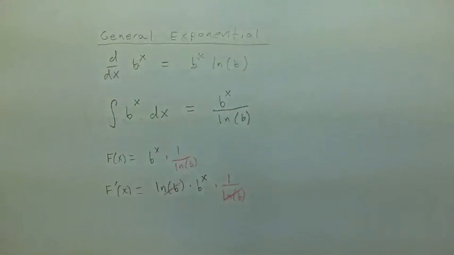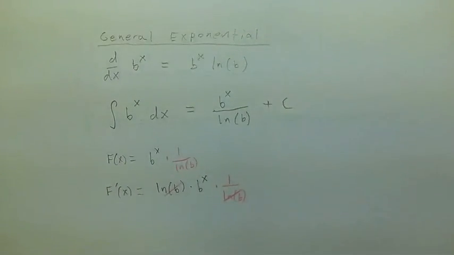So think about that. The derivative of any base to the x is itself times the natural log of the base. The integral of any base to the x is still itself, but divided by the natural log of the base.